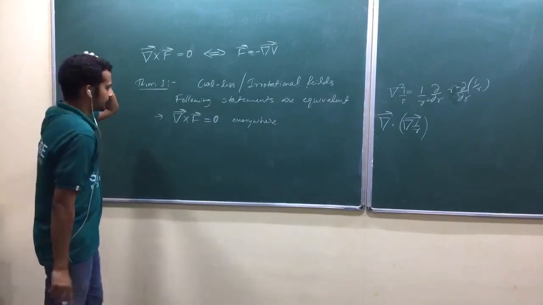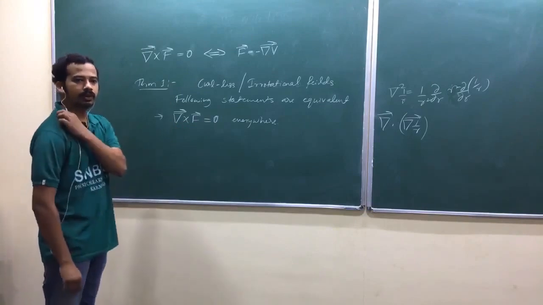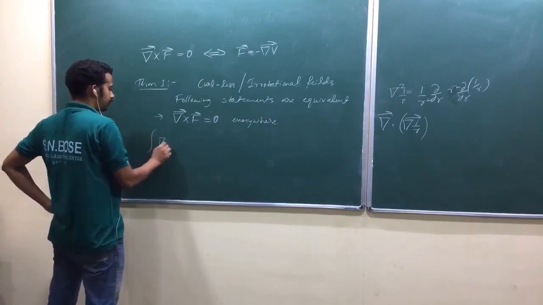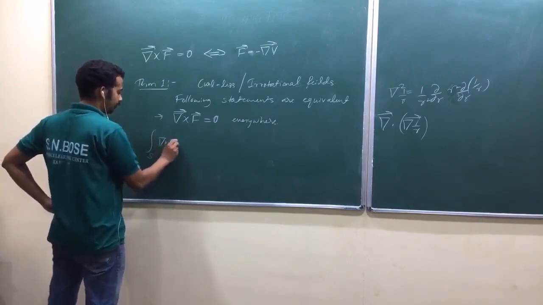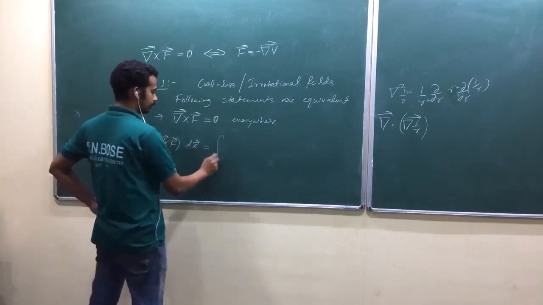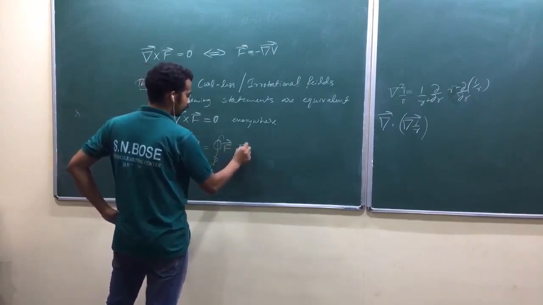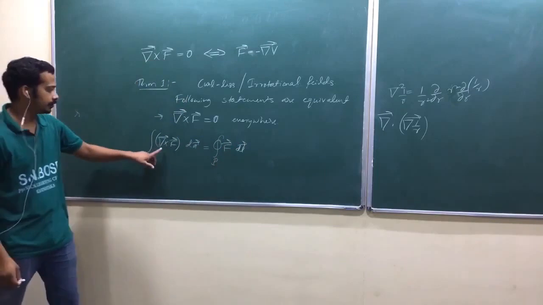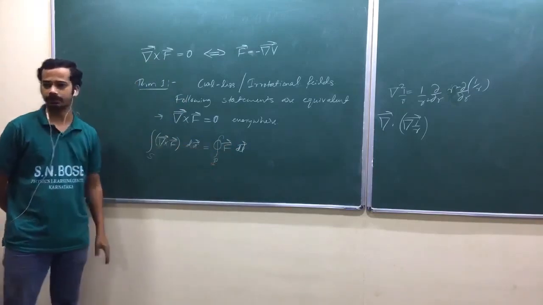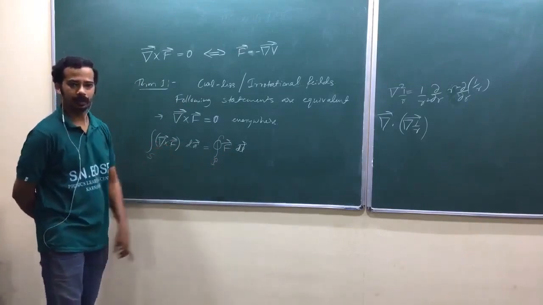So next, as soon as this becomes 0, look at here, we can go for the open surface integral of del cross F dot dA, am I right? This we can write as the closed path integral of F dot dl, am I right? Now if the curl is 0 everywhere, whatever closed path you take, that closed path integral is 0, isn't it? If you have any curl-less field, its closed path integral will be 0.